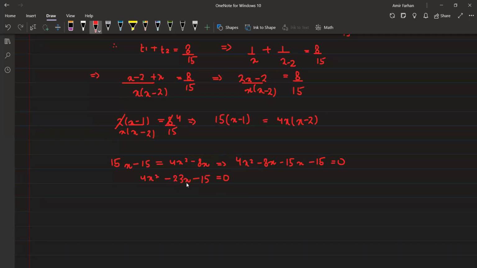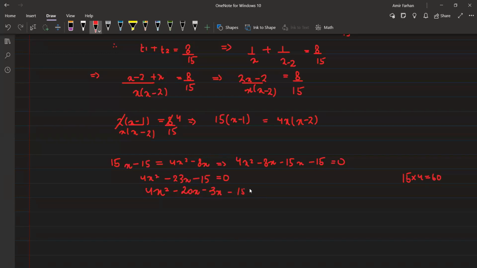So you have to split this 23, oh sorry, 15 into 4 is 60. You have to split this 60 in such a manner that by adding or subtracting you get the middle term, and by multiplying you get 60. So directly, look, 4x square minus 20x you can take and minus 3. 20 into 3 is 60 and add them up, 23.